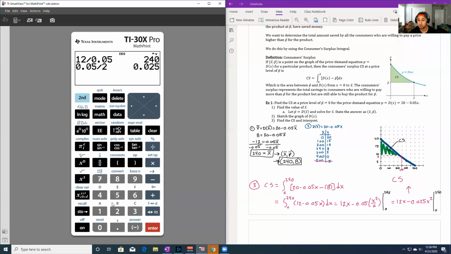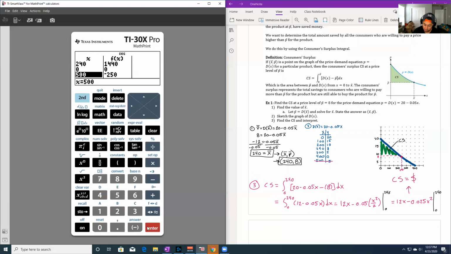So I'll do it the long way, right? Here's the long way. Type it in the table: 12x minus 0.025x squared. Enter, enter, enter. Type in 240. Type in 0.